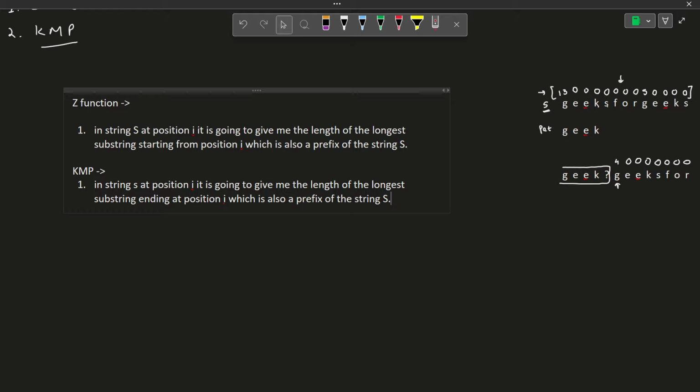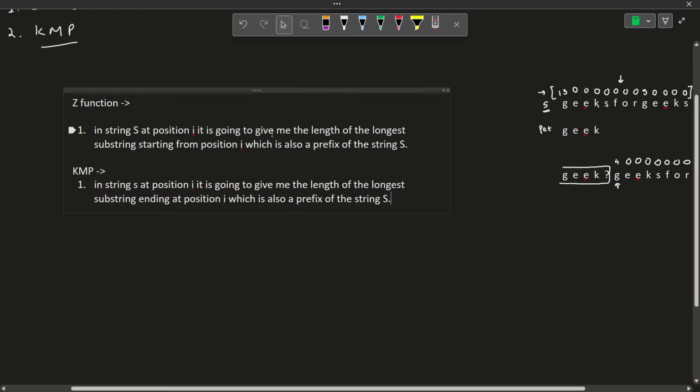Now you see, it is the exact same thing, but now it has become a little bit complicated. Although it has certain different applications, in this particular problem we could have also used the z function, but KMP will shine in its own way in certain problems, right?